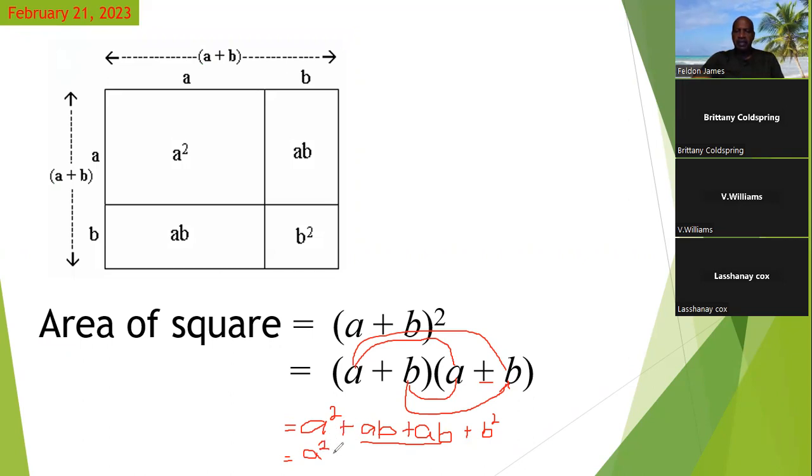All right, so we'll have A squared plus 2AB plus B squared. Everybody see that? Let me see a hand if you're all following and you see how we arrive at this answer.